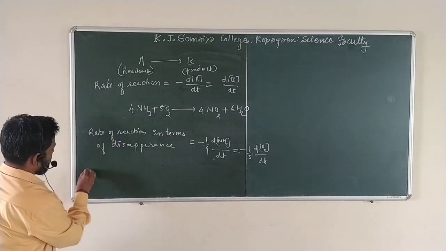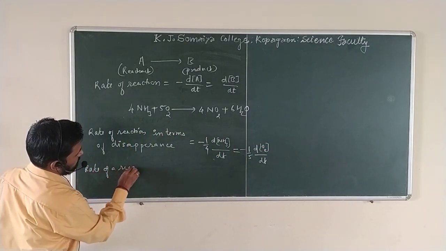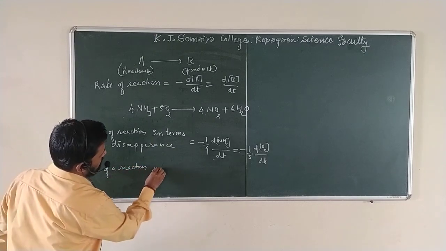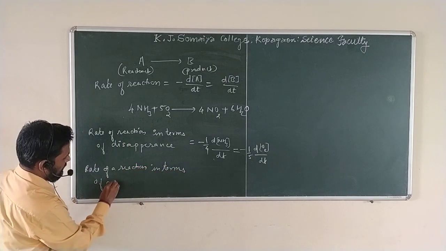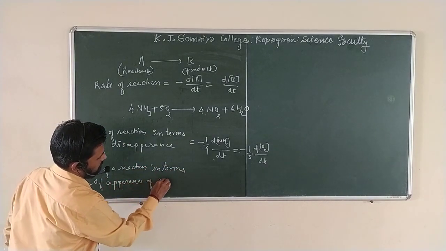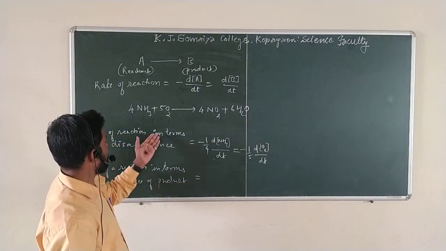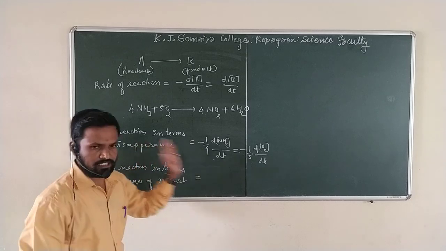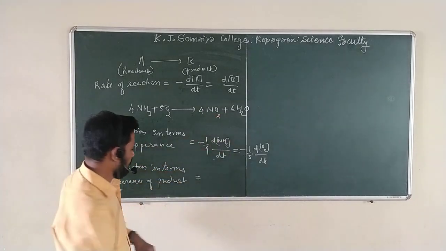And second, rate of a reaction in terms of appearance of product. Obviously, here concentration of reactants disappears, means concentration of the products will appear.